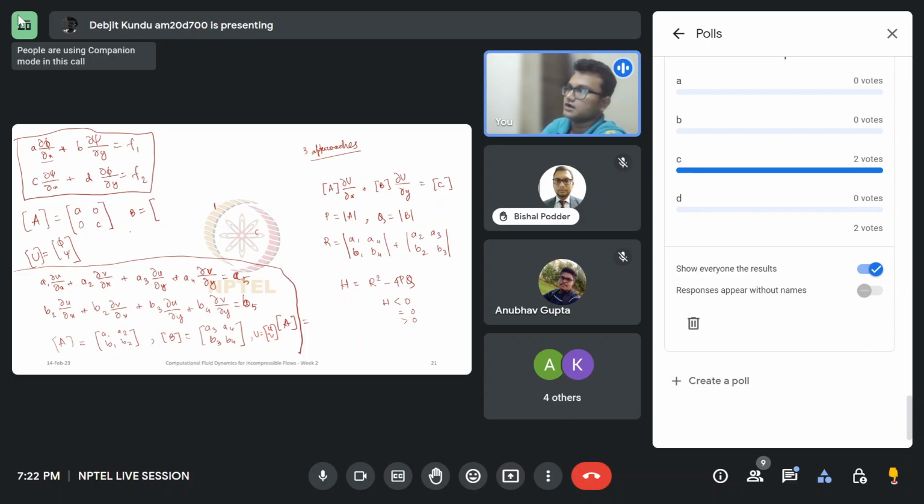Now let's go to matrix B. What would be the components? A3, A4. A3 means dou u dou y. In our case, dou phi dou y. Dou phi dou y in the first equation. It isn't there, so 0. Then we need A4, which is dou v dou y, or in our case dou psi dou y, which we have, and is equal to B. Then we come to this second equation where B3 is there, and B3 means dou u dou y.